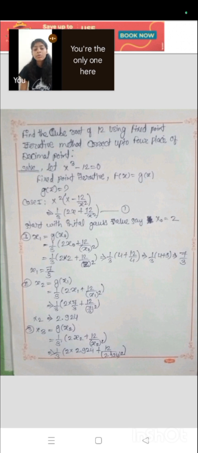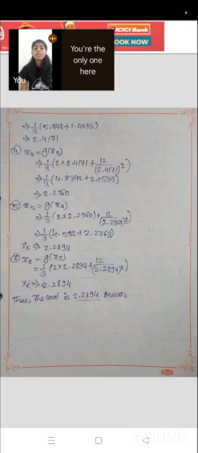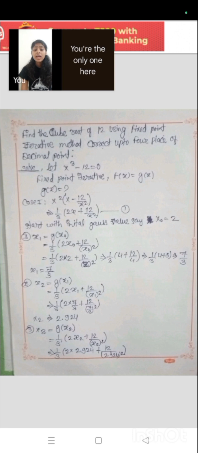Here we put the x2 value 2.924, so the equation is 1 by 3 into 2 into 2.924 plus 12 upon 2.924 square. We solve this equation and find the x3 value is equal to 2.4171.